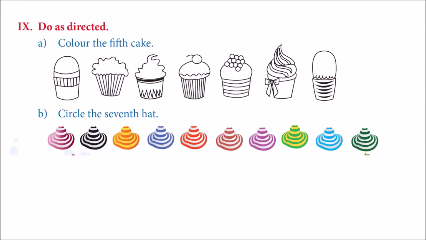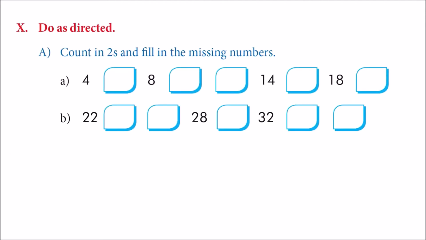All right, the next one is easy and it reminds you of food. Yeah, color the 5th cake, circle the 7th hat. Easy, right? All right, let's move on. There are in page number 45.